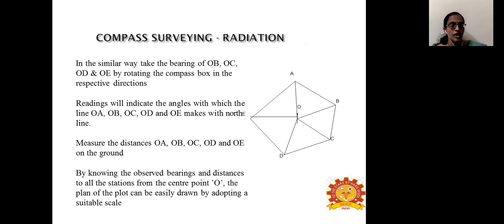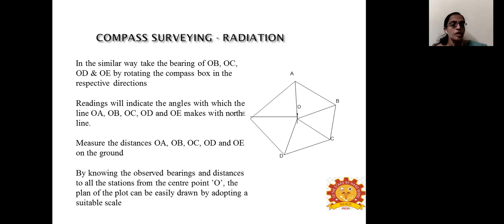After that, in a similar way, we take the bearings OB, OC, and OD by rotating the compass in the respective directions. These readings indicate the angles of the lines OA, OB, OC, OD, and OE with the north line.